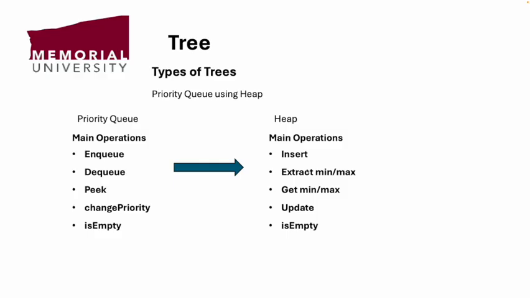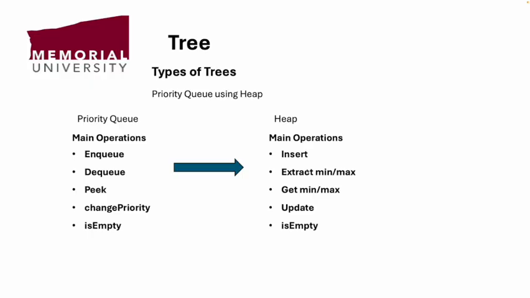Exactly matches the priority queue. Change the priority does the update. Check whether empty or not just returns whether it's empty, right? So all the main operations of the heap are equivalent to the priority queue. Perfect match. Make sense?